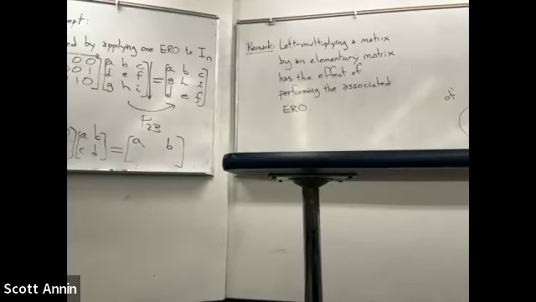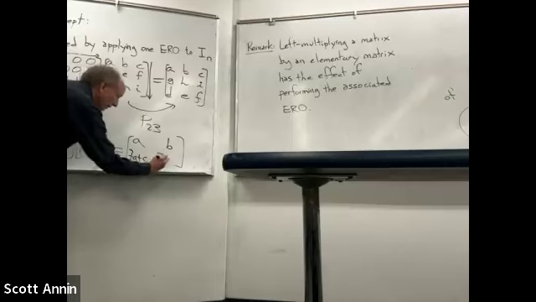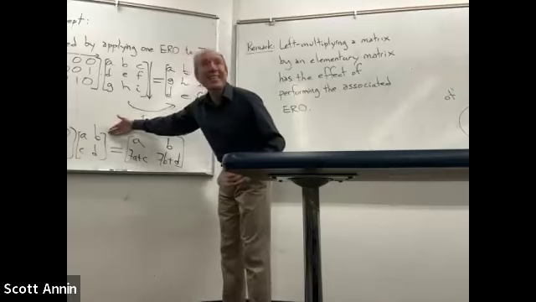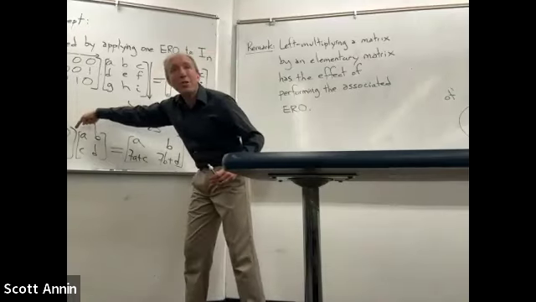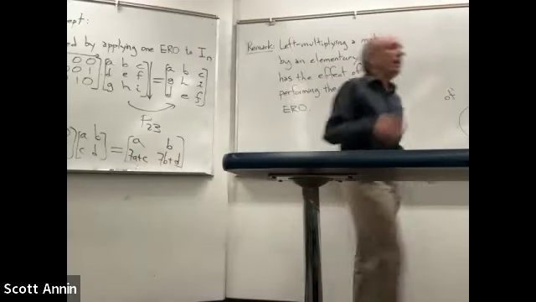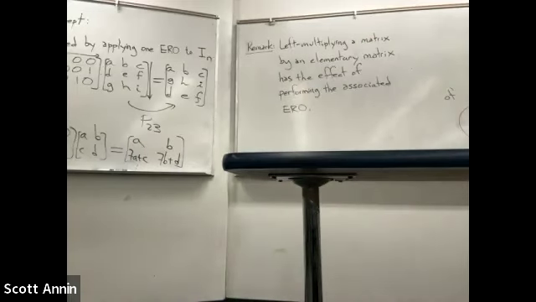If I go to the second row, 7A plus C, and then 7B plus D. This result here, guys, is the effect of doing A1,2 of 7 onto this matrix. Adding 7 times the first row to the second row, you see the second row has been changed according to that ERO.